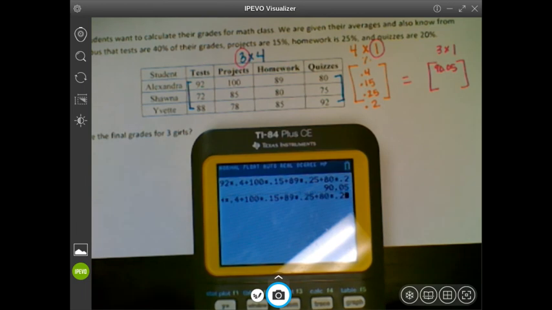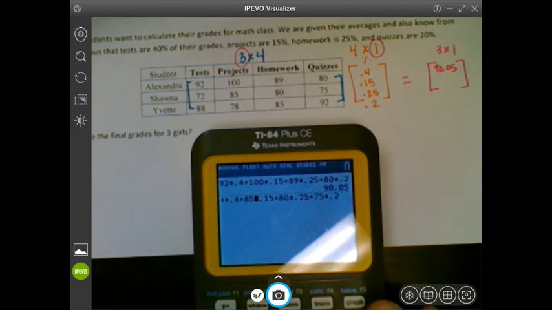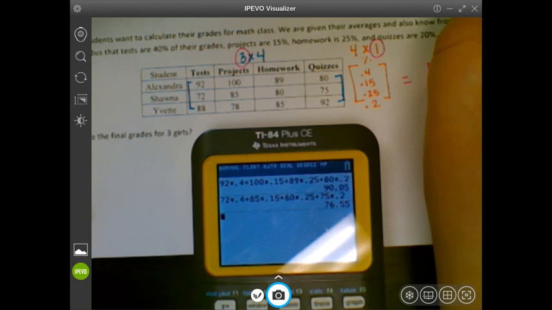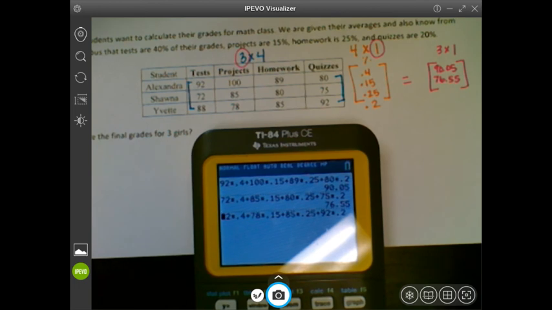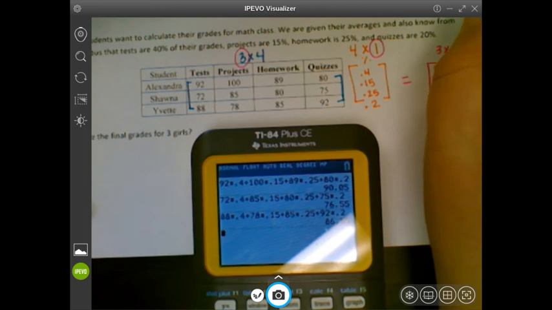And then if you're using one of my calculators, you can just go up and change one of those numbers. If you're using one at home, just retype it in, right? Just make sure you're changing the right numbers. 85, 72. So then the next one, 76.55. And then the last overall score will be 86.55.